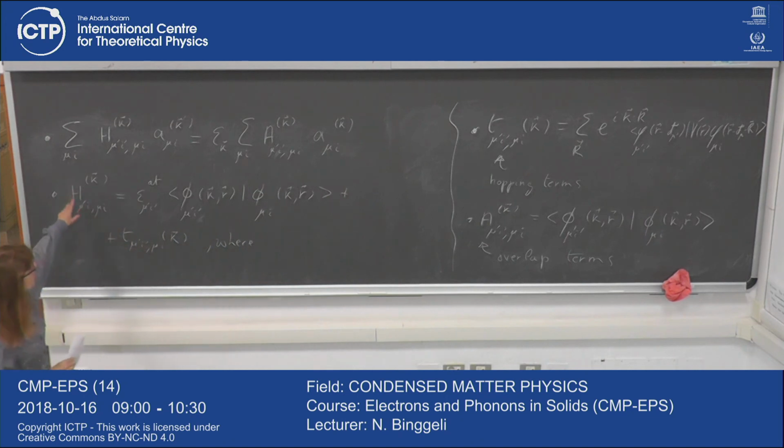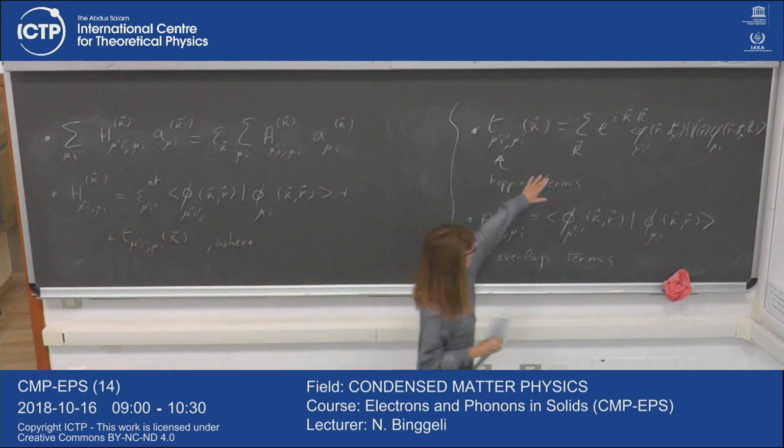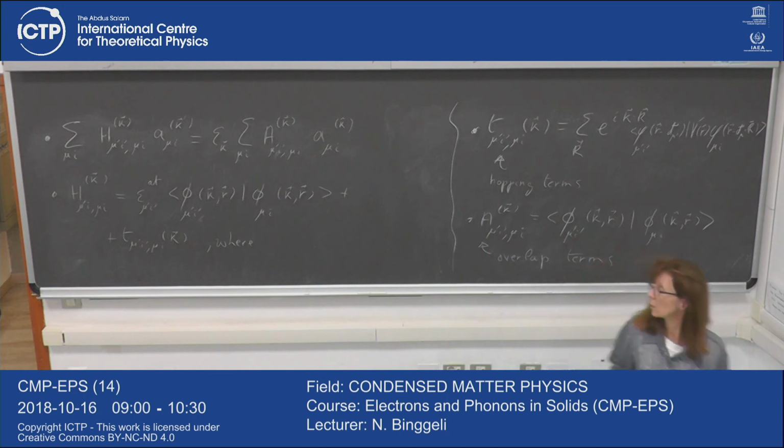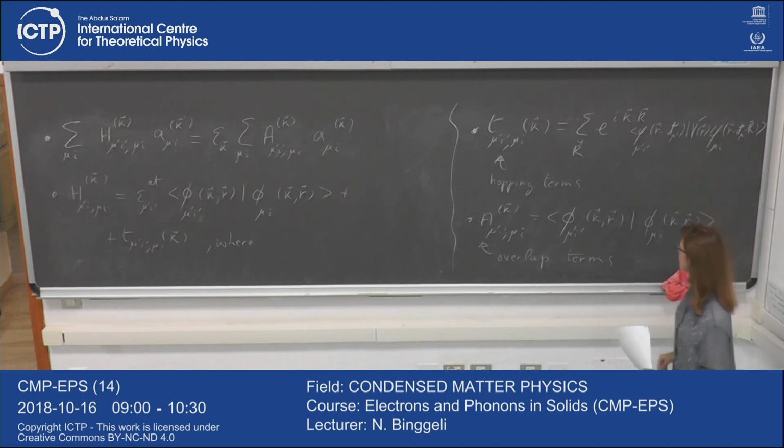The Hamiltonian is just the atomic energy times the overlap matrix, and then there is this additional term that we call the hopping term, that is the sum of exponential i k R over the lattice vector R of the matrix element of the crystal field.